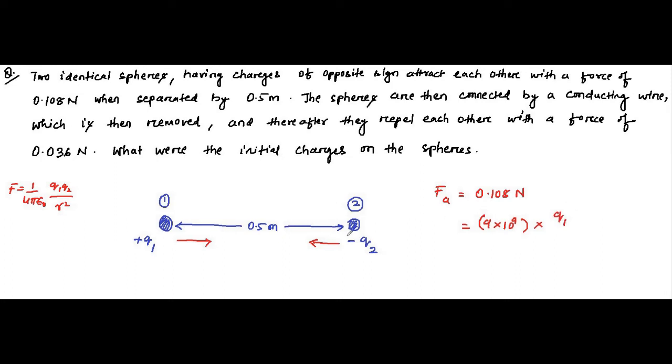Here I am not taking the sign of minus q2, I am only considering the magnitude. Force of attraction means they are of opposite sign. So the product of the charges q1 q2 will be equal to 0.108 into 0.5 whole square by 9 into 10 to the power 9.